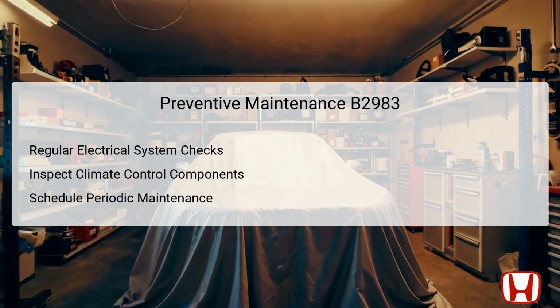Scheduling routine maintenance can catch potential problems early, avoiding larger repairs down the line and improving reliability. In essence, proactive care of the vehicle's climate control system not only enhances the immediate driving experience, but also contributes to the longevity and health of the vehicle overall.